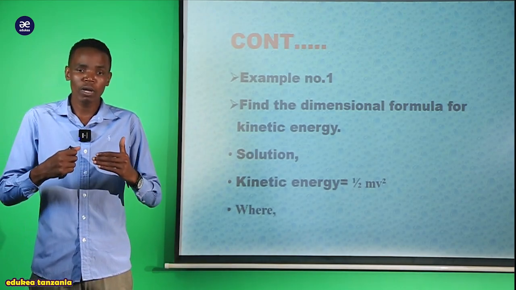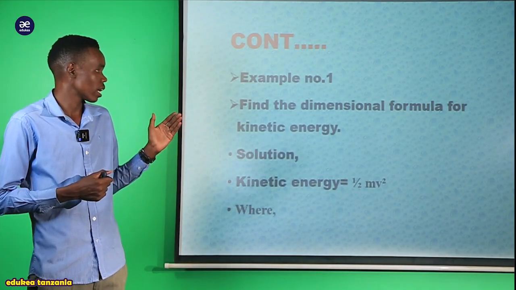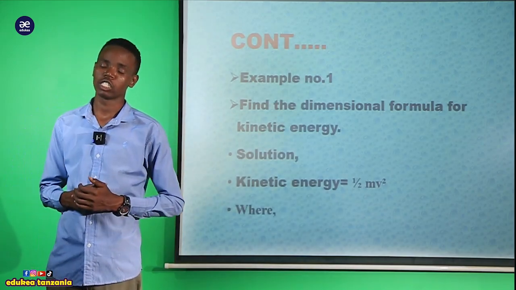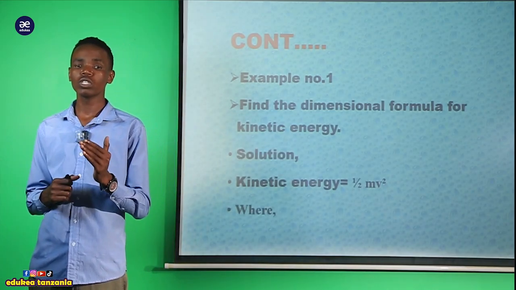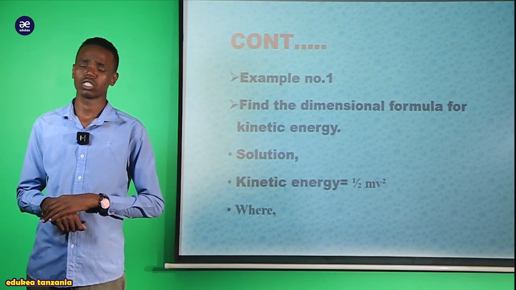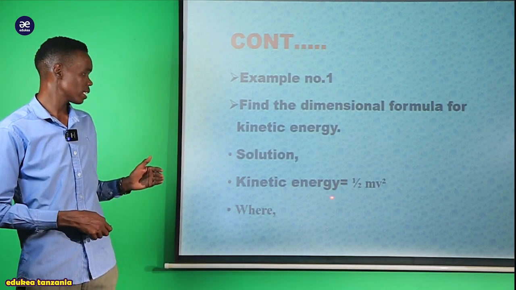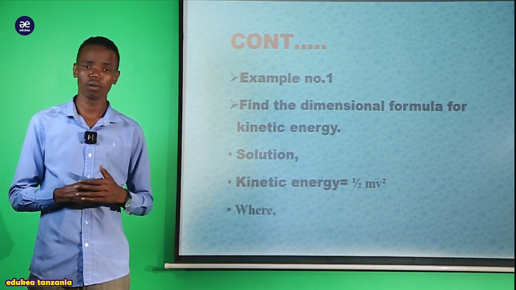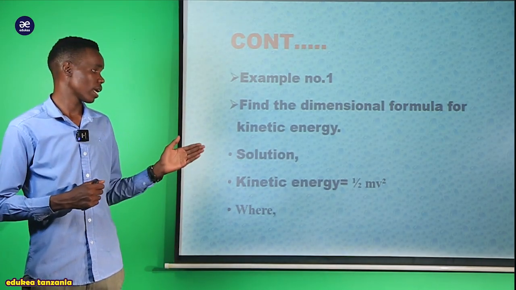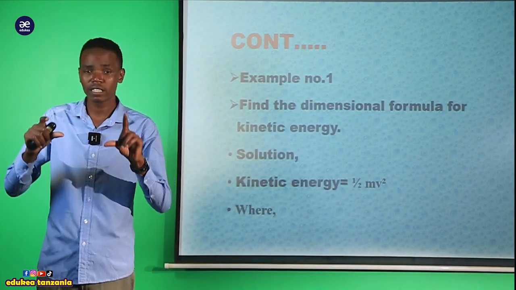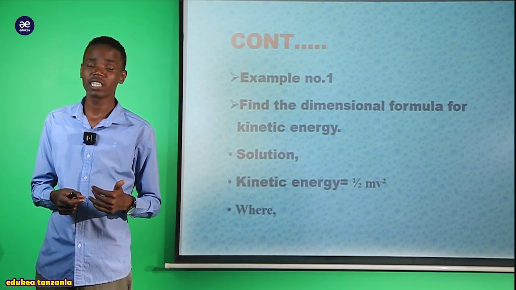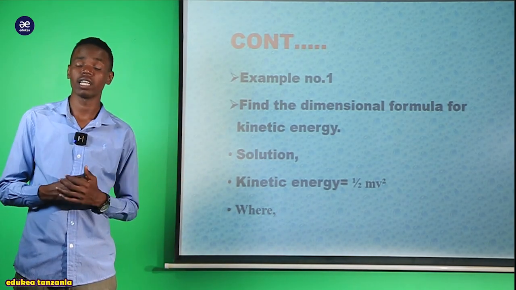Try to think of the formula of obtaining that quantity. For instance, on the kinetic energy, we are supposed to know the formula of obtaining the kinetic energy. Now, the kinetic energy is equal to half mv square.